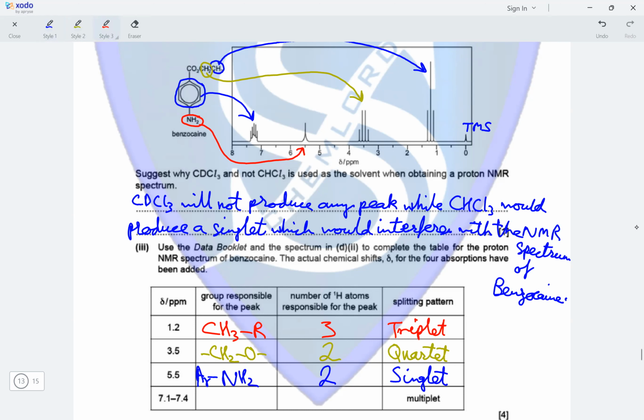And lastly, we have the multiplet at 7.1 to 7.4. This is due to the C6H4 part of the molecule, and C6H4 contains four protons, and the peak would be a multiplet as shown in the NMR spectrum.